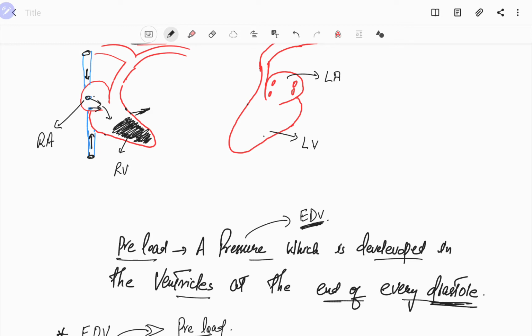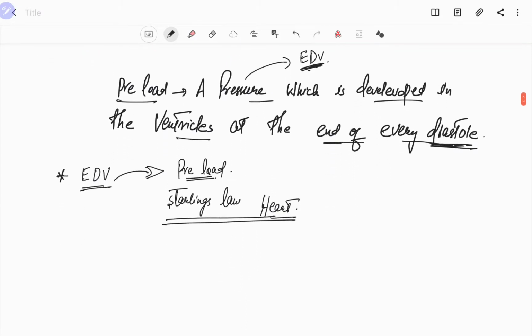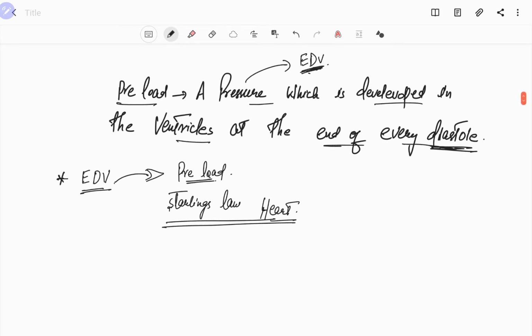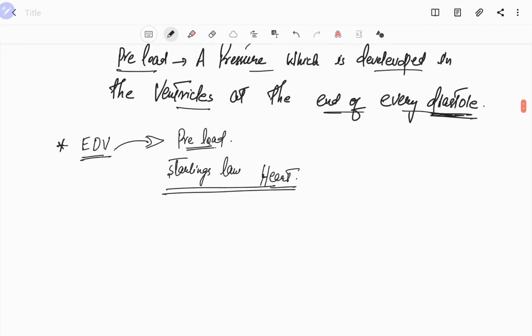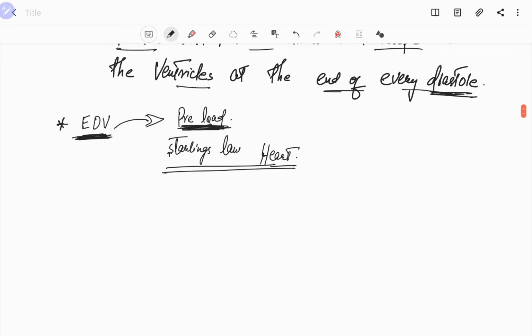That is all the blood which pools into the ventricle during diastole, and the pressure experienced by the walls of that ventricle is called the preload. When end diastolic volume comes into your mind, preload should also come into your mind. So this is the preload.